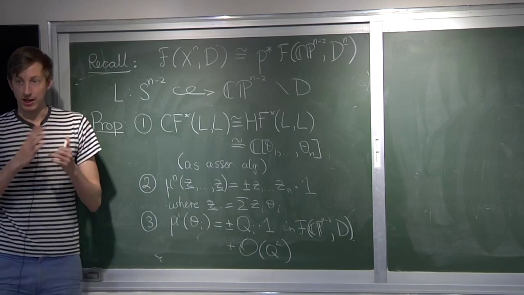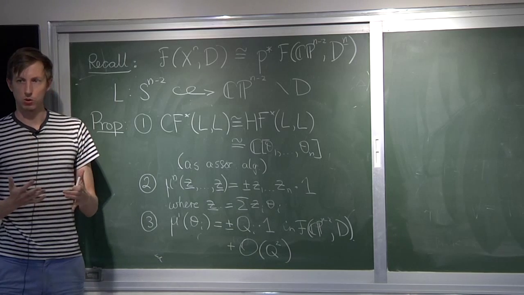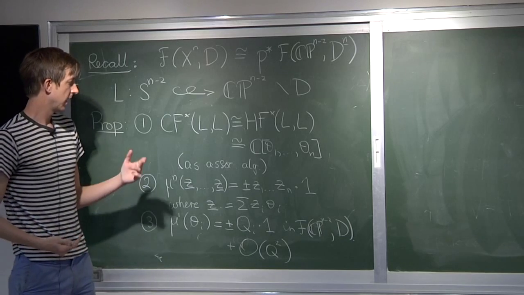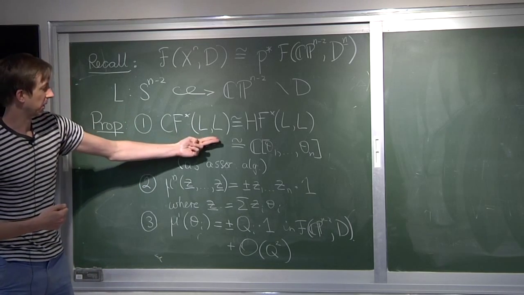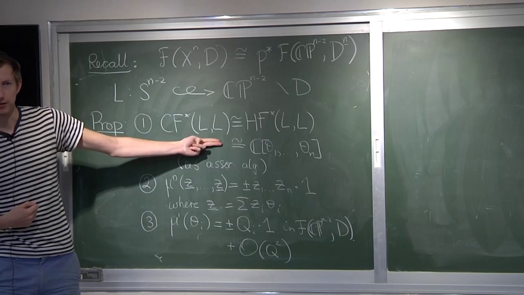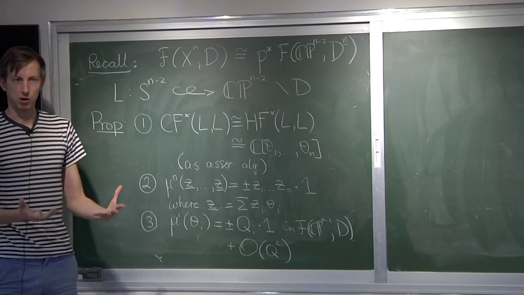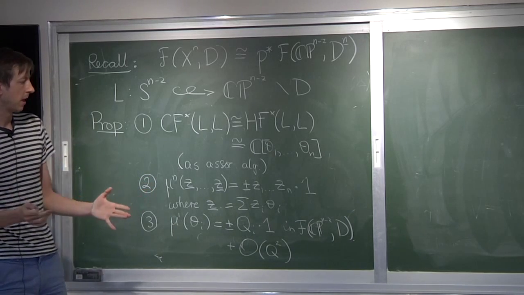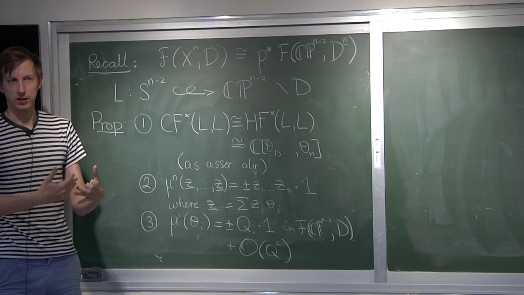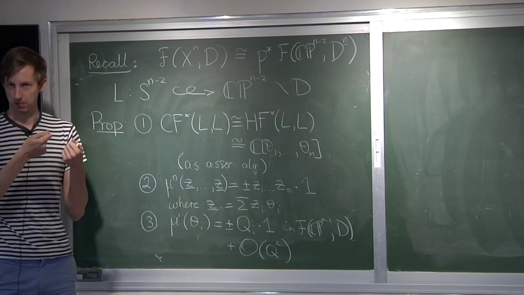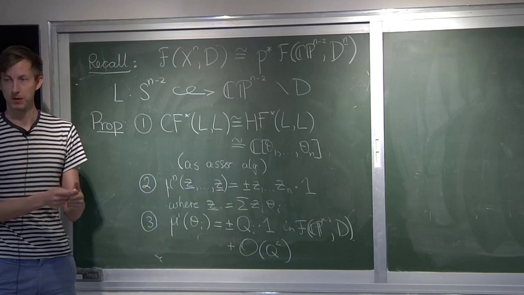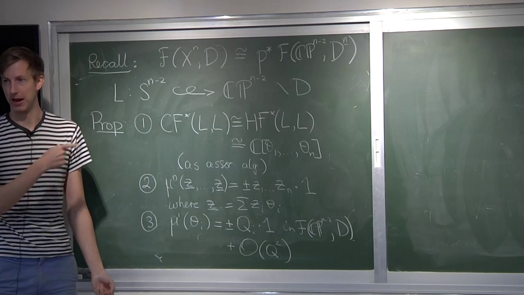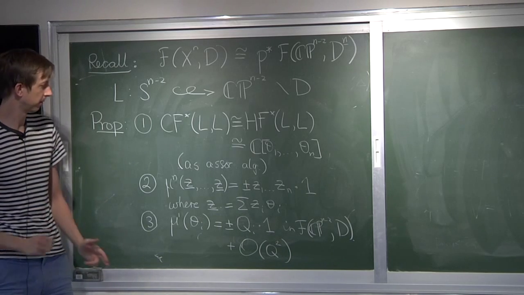I want to make the connection with Nati's talk and what he'll say in future as well. So we have some A infinity structure on this, which is some big complicated thing with infinitely many operations in it. But if we only want to determine it up to A infinity quasi-isomorphism, we actually only need a finite amount of information about certain of those structure maps.